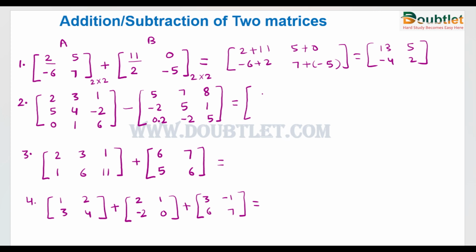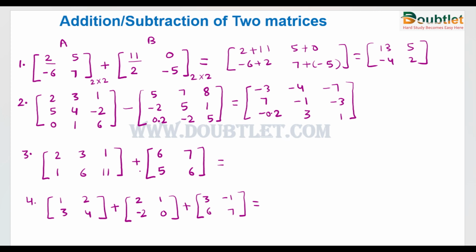So 2 minus 5 becomes minus 3, 3 minus 7 becomes minus 4, 1 minus 8 becomes minus 7, 5 minus of minus 2 becomes 7, 4 minus 5 becomes minus 1, minus 2 minus 1 becomes minus 3, 0 minus 0.2 becomes minus 0.2, 1 plus 2 becomes 3, and 6 minus 5 is 1. So this is the result of the subtraction operation on these two matrices.